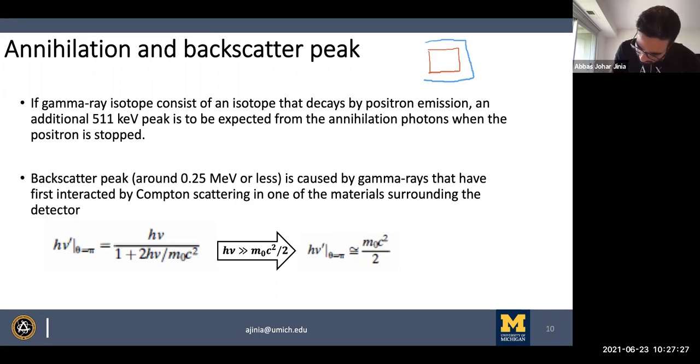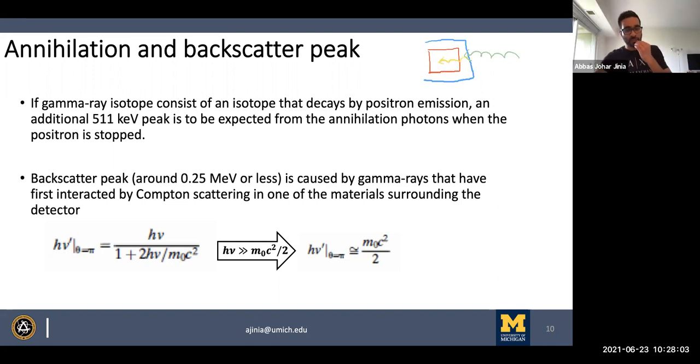A gamma ray comes in. Now this gamma ray first undergoes a Compton scatter reaction in the material that is surrounding your detector. So let's say the red one is the detector. When it undergoes one Compton scatter, the scattered photon comes in, and that scattered photon will deposit its energy in the detector.